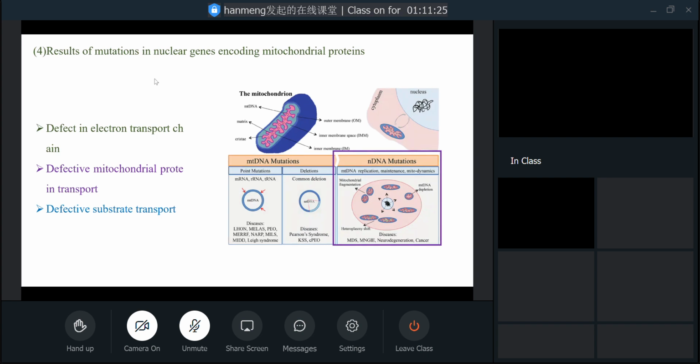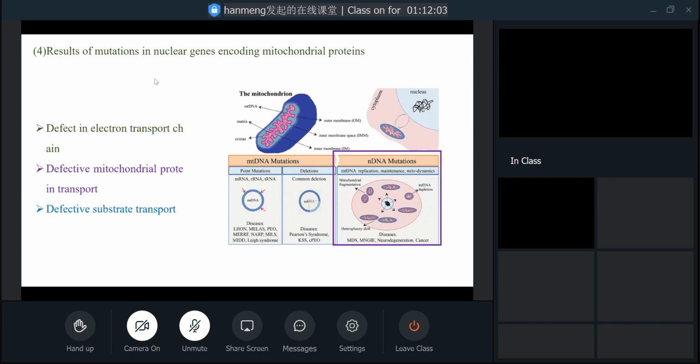In today's class, we mostly talk about the mutation of the mitochondrial DNA, because it will affect some functions of the mitochondria, and because the DNA is in the mitochondria, it will affect offspring by a non-Mendelian inheritance type.